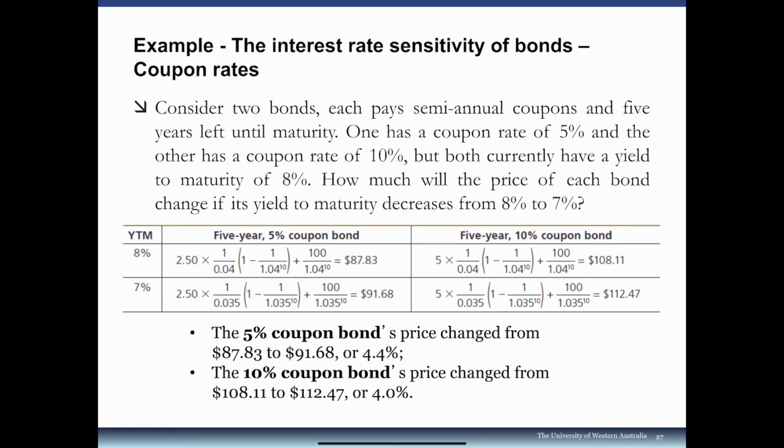Given that they're paying semi-annual coupons, the first bond will pay 2.5% of face value every 6 months. The second bond will pay half of 10%, which is 5% of the face value every 6 months. Given that yield to maturity is 8%, the first bond has a price of $87.83. The second one has a price of $108.11.